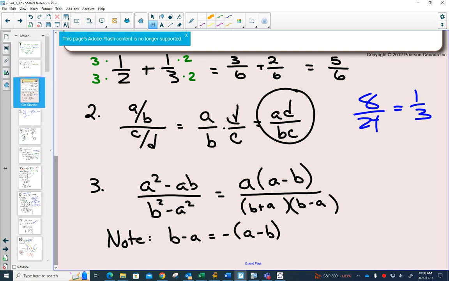If you factor out a negative, that would change the A to positive and the B to negative. So you could factor out a negative, and then it switches the order.